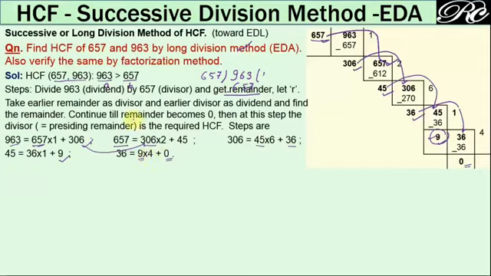So writing these steps of successive division to get the HCF when the remainder becomes 0 is called Euclid division lemma or Euclid division algorithm. This we will discuss in next section.